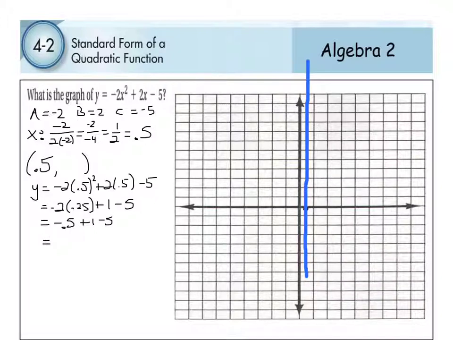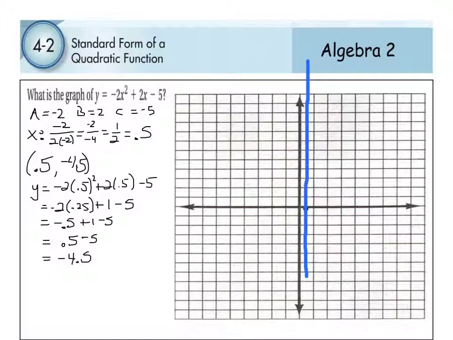Negative 0.5 plus 1 is half. And half minus 5 is negative 4.5. So my vertex is 0.5, negative 4.5.